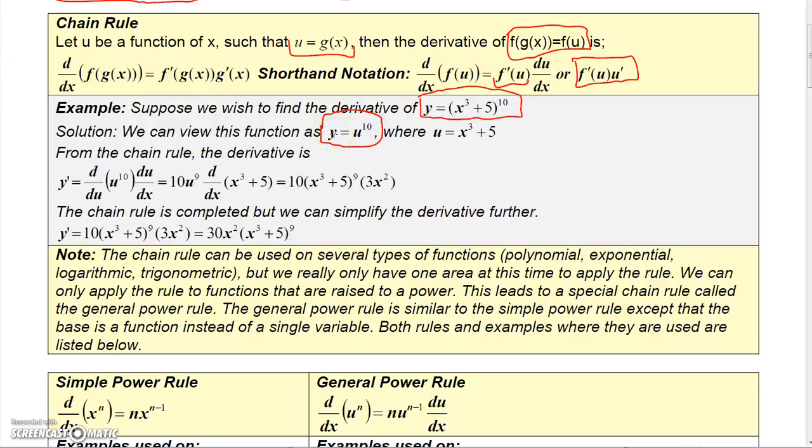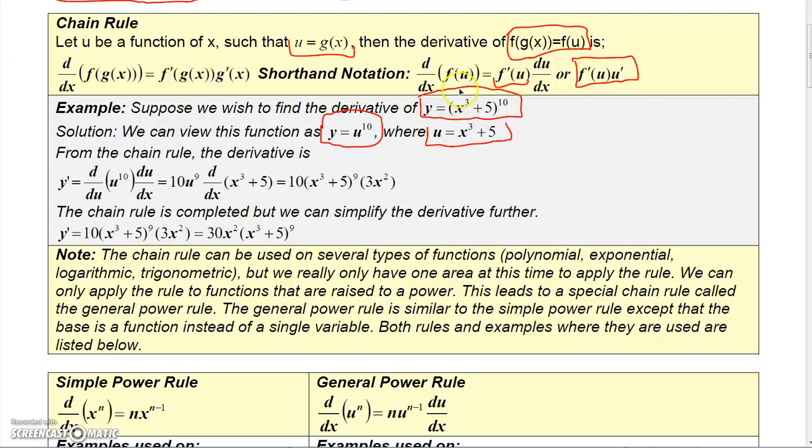So this is actually y equals u to the 10th, where u is x cubed plus 5. In other words, this original function can be said to be a function of u, where u is x cubed plus 5.